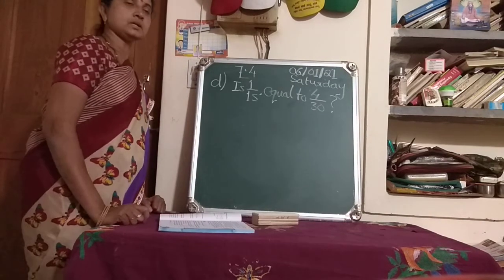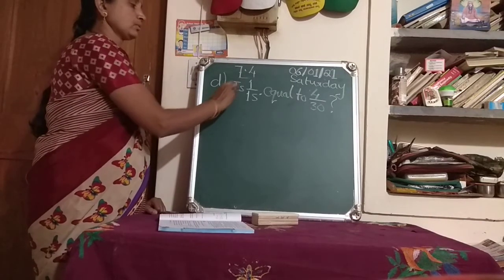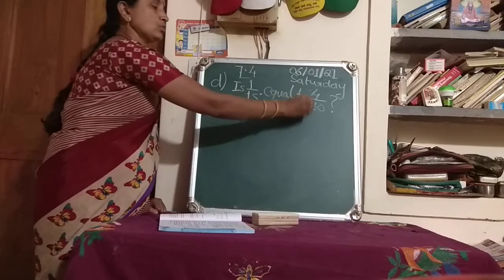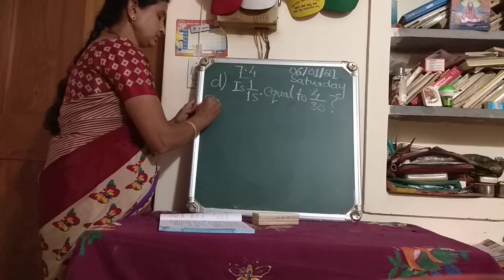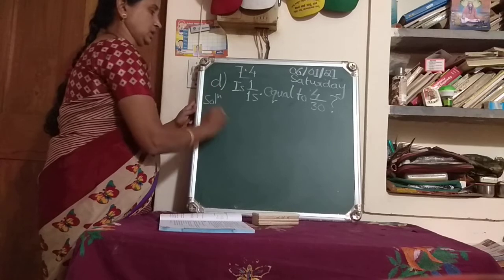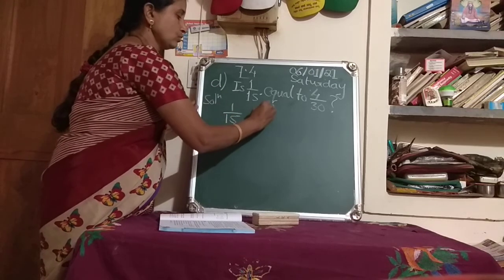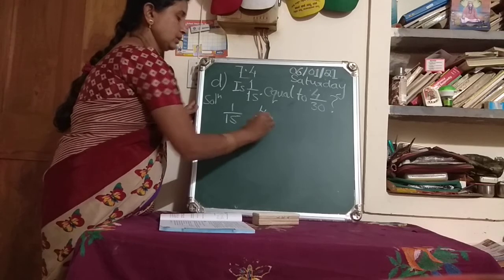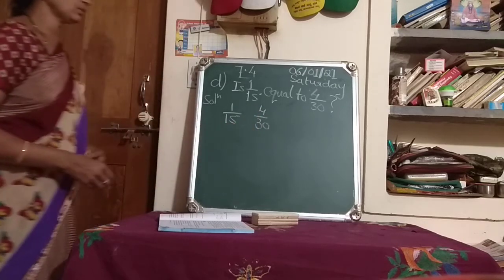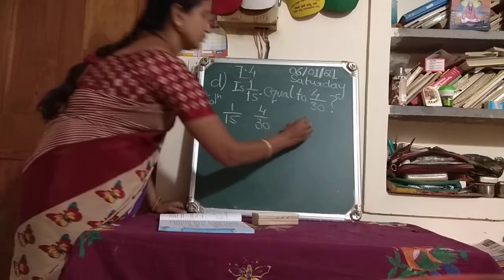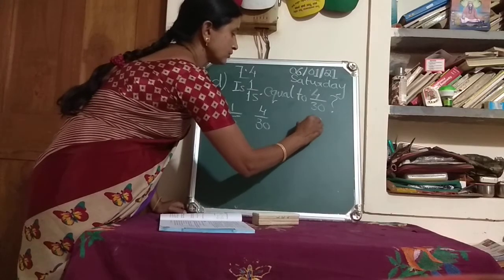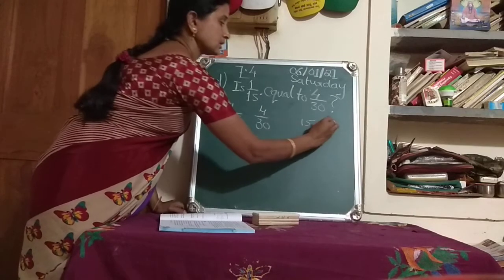One more example. Is 1 upon 15 equal to 4 upon 30? With the same method, we have the fractions 1 upon 15 and 4 upon 30. To make the denominators equal, we find the LCM of 15 and 30.